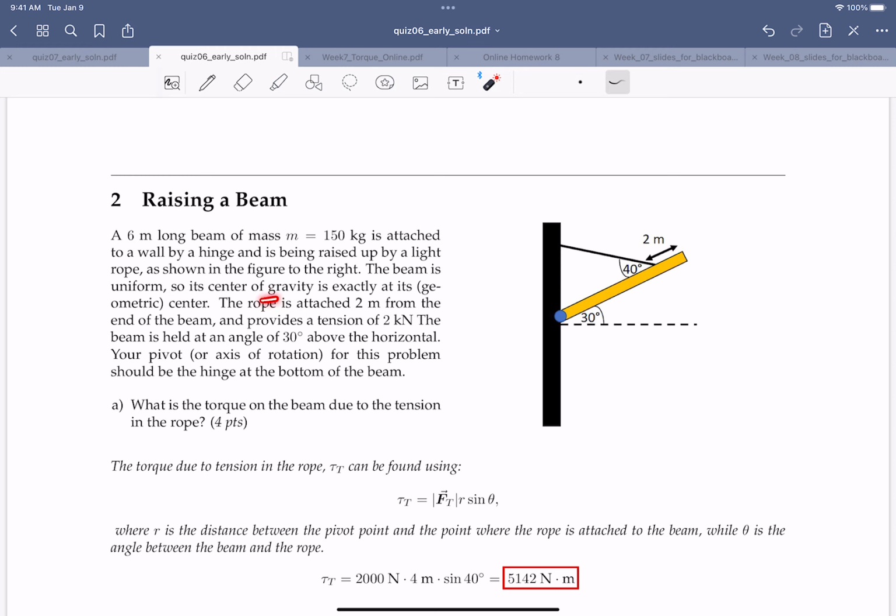And they already tell you that. Gravity is exactly at its geometric center. The rope is attached 2 meters from the end of the beam. So if the whole beam is 6 meters long, where's the rope located?